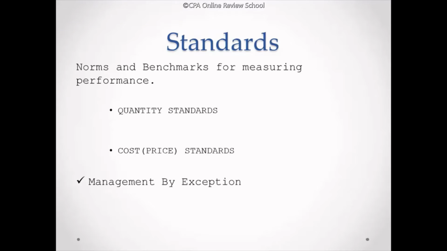Now, when you say standards, nagkakaroon tayo ng standards for your quantity and standards for your cost. Papasok dyan yung material price variance, material quantity variance, lahat ng mga variance nyo, you even have your overhead variance na madami. So, isa yun sa mga madugong topic natin, okay?